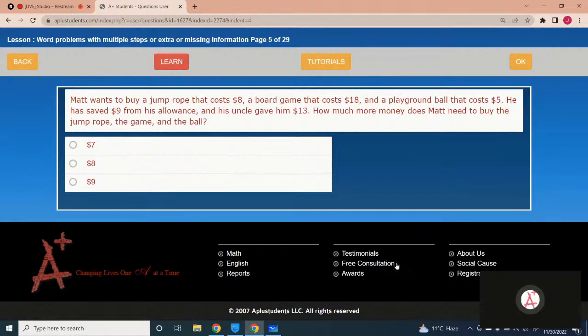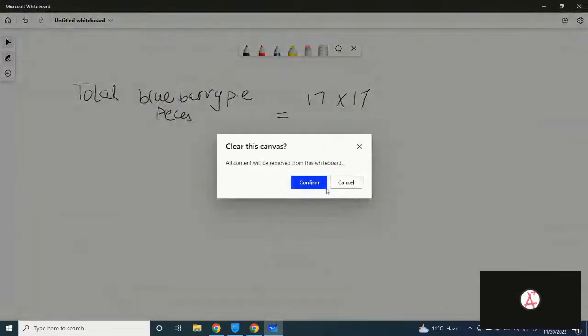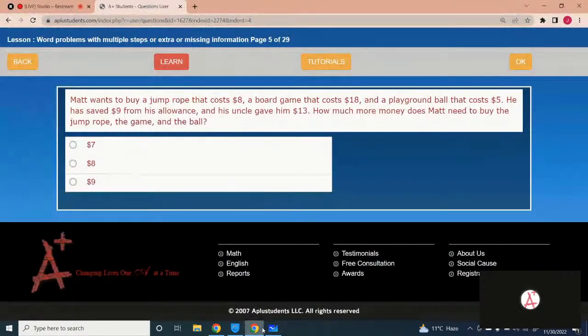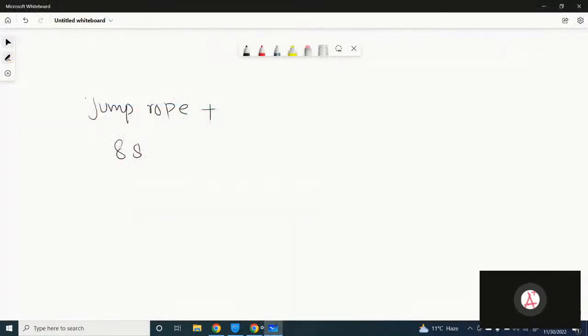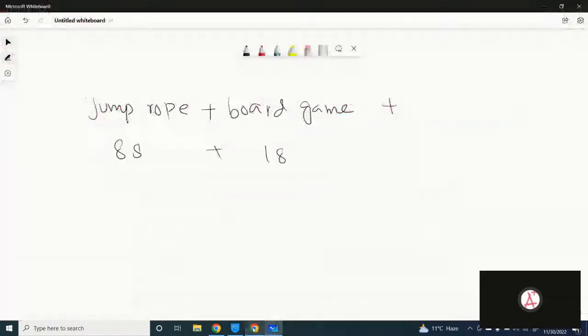Got it? So the jump rope is $8. Then the board game, $18. And then a playground ball costs $5.